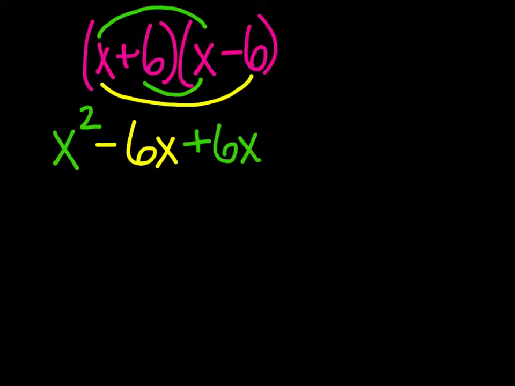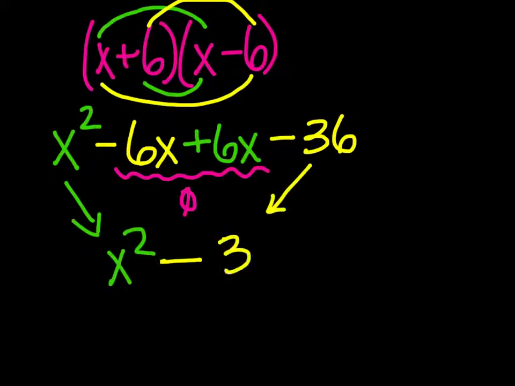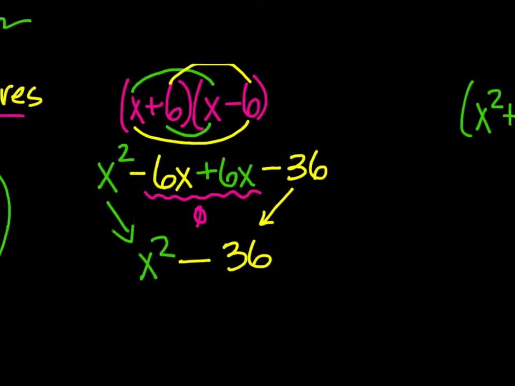And our last terms, 6 times a negative 6 equals a negative 36. From there, we can combine like terms. Negative 6x plus a positive 6x cancels to 0. So we just have x squared minus 36. Awesome.